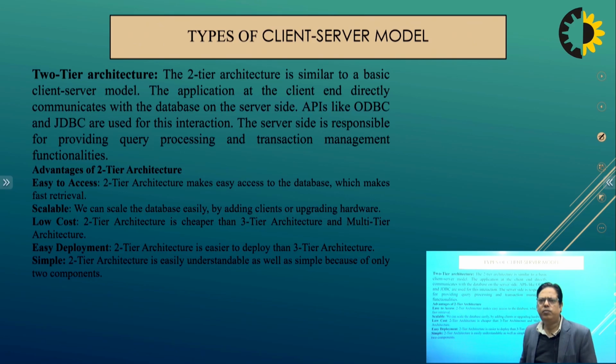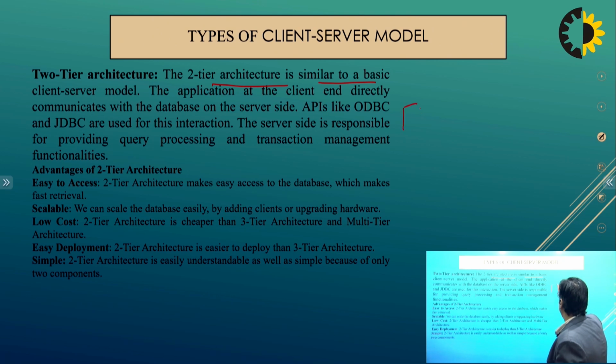There are two types of client-server computing models, 2-tier and 3-tier. 2-tier architecture is similar to a basic client-server model, meaning only two layers are used in 2-tier architecture.